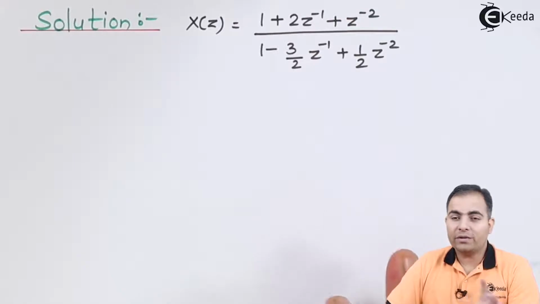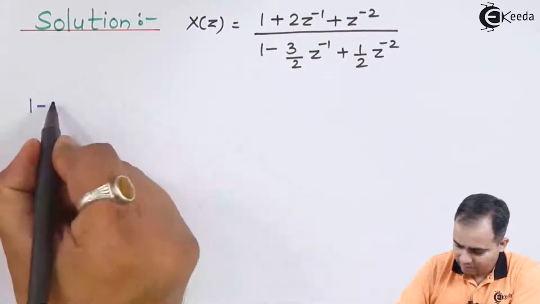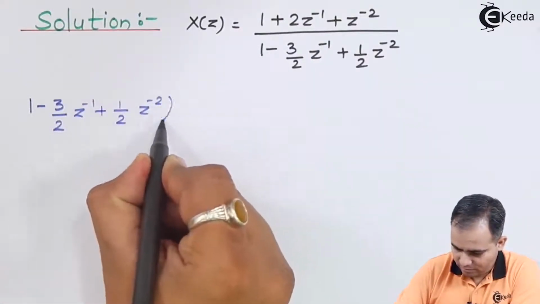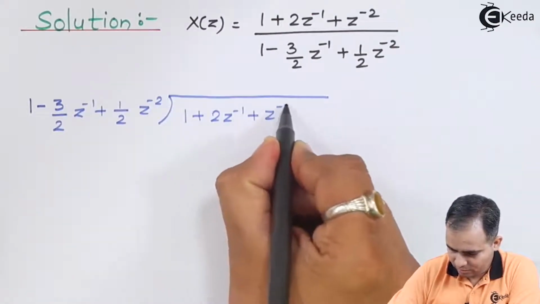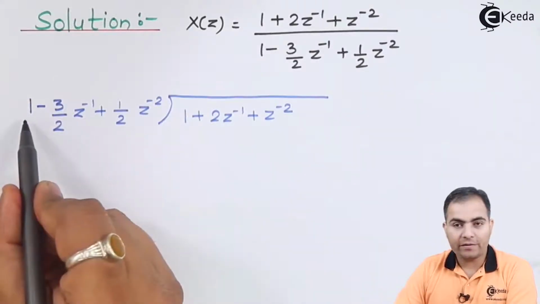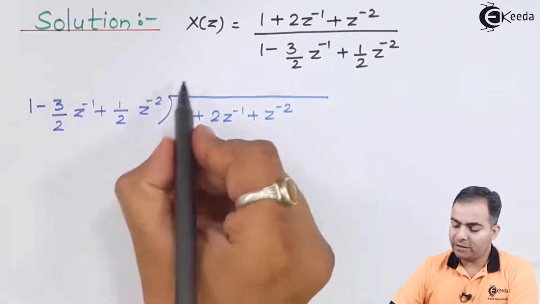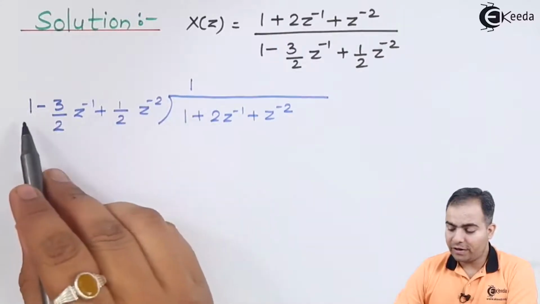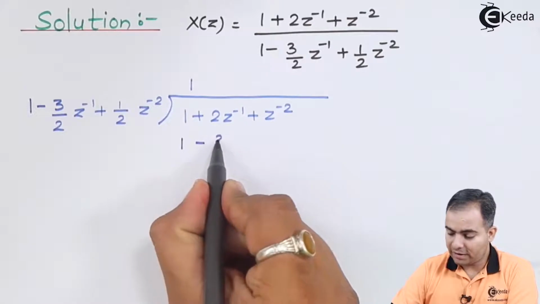Our task is only to divide the numerator by the denominator. We have to divide the first element by the first number. On both sides the first element is 1, so we simply multiply the denominator by 1, so the whole expression remains the same, and I'll write the whole answer as it is.